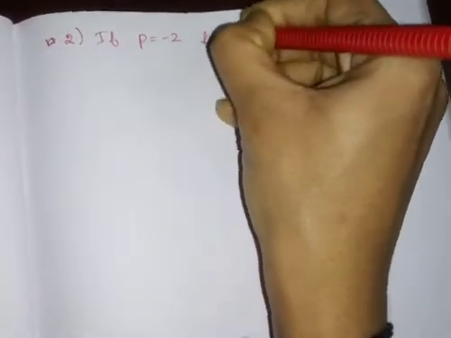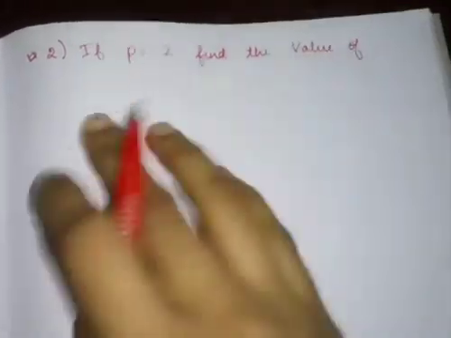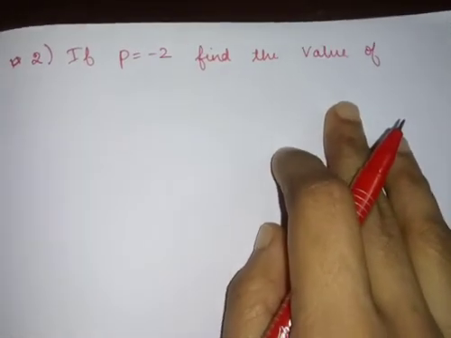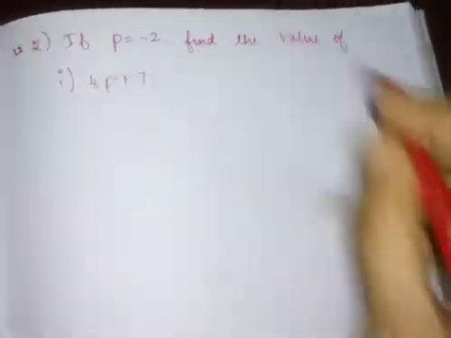Next is your second problem. If p is equal to minus 2, find the value of the following. p value is nothing but minus 2. We should find the value of 4p plus 7.